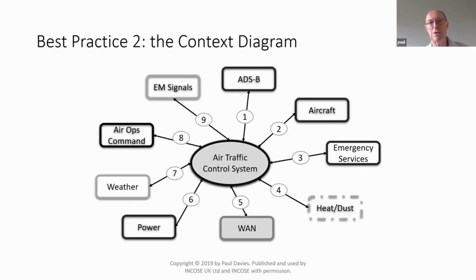Best practice 2 is drawing the context diagram. What's inside our system boundary? What is the things that it will interact with outside our system boundary, both intentionally and unintentionally? Then our numbered indexes around that circle is what is being exchanged, in what format, how often, etc. All right, so there's more on it in the book.